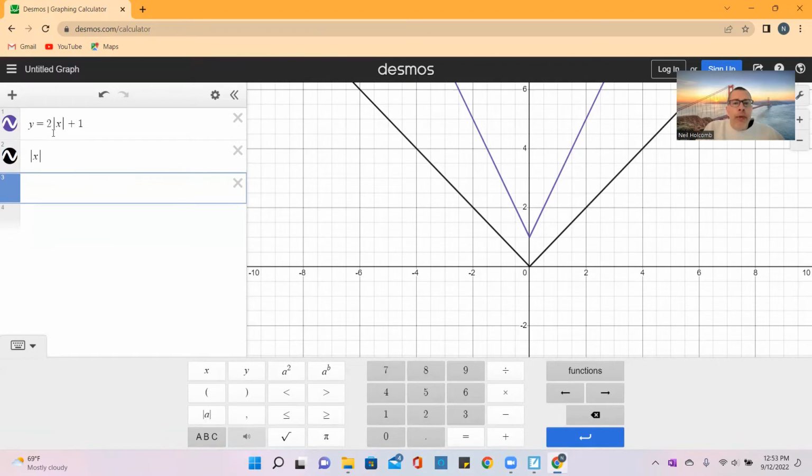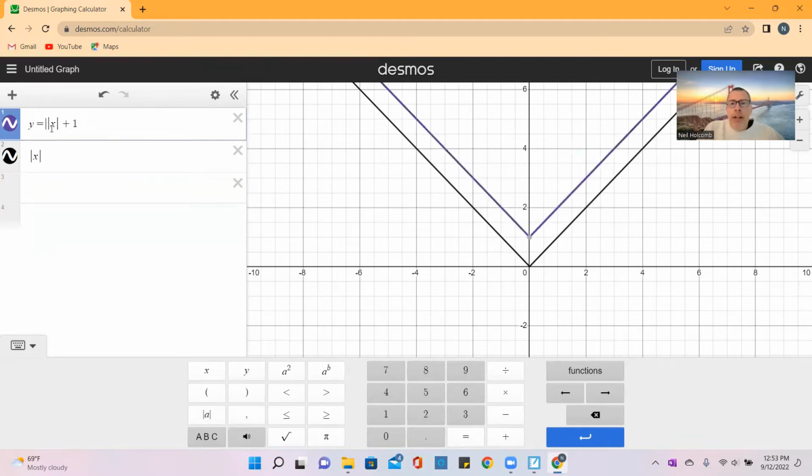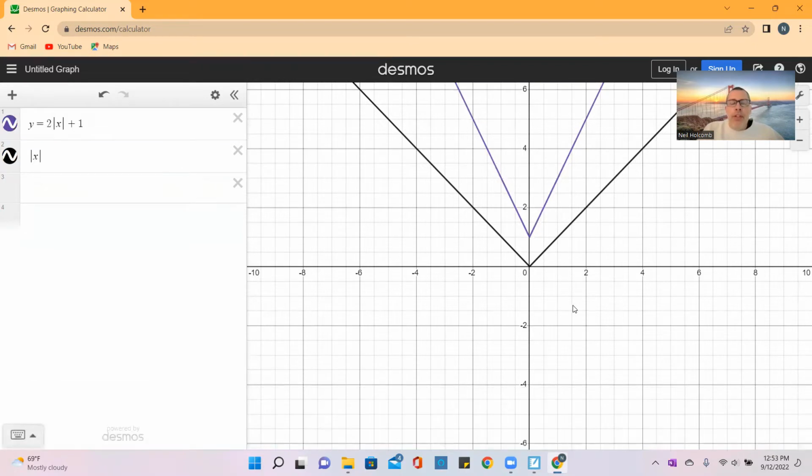And the 2 out in front makes it get steeper. Notice these lines are not parallel. If I got rid of this 2, the purple line is parallel to the black line. So putting a 2 in front stretches it and makes it get larger faster. Those are the 2 transformations of the parent function: a shift up and a stretch.